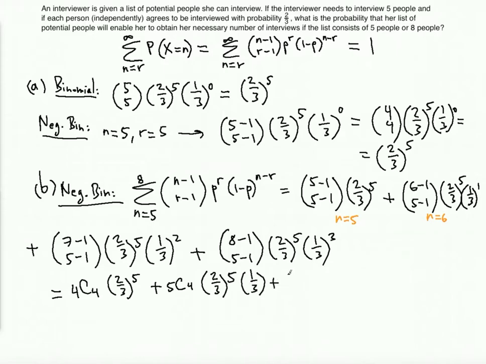The third case is 6 choose 4. Sorry, 6 choose 4. And then the last case, 7 choose 4.